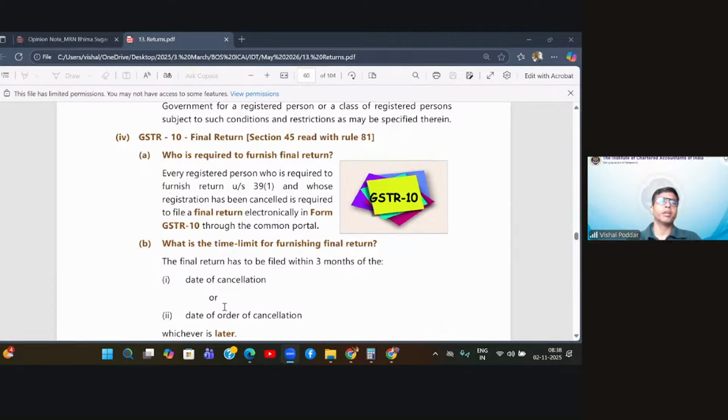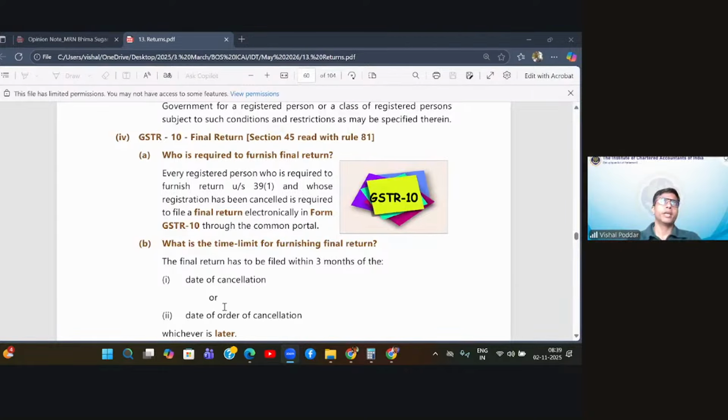Obviously, the final return will come when the person exits from GST, by way of cancelling the registration. So a person who is cancelling the registration is required to close all their matters by giving their final return. This is the opportunity given, that in case something is left out, you can do it.